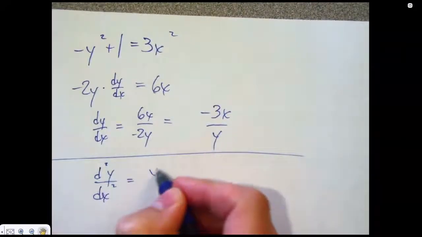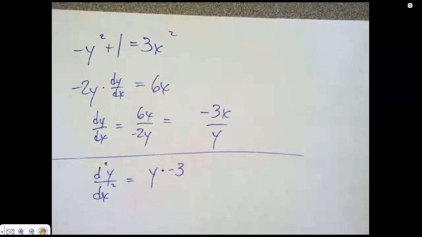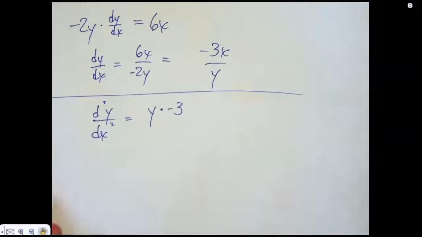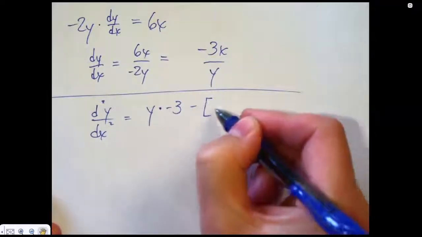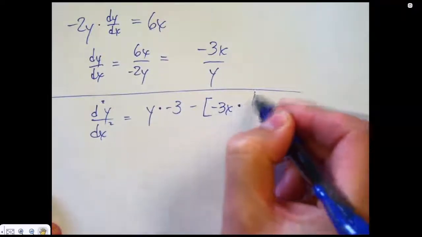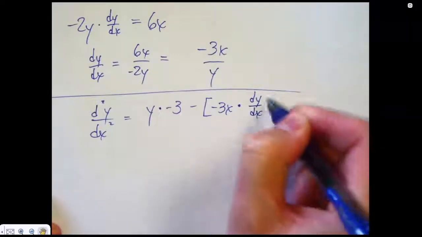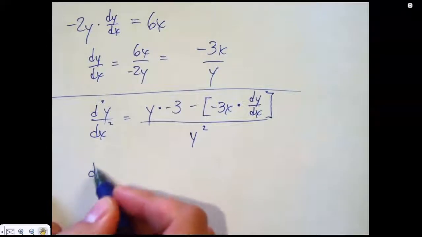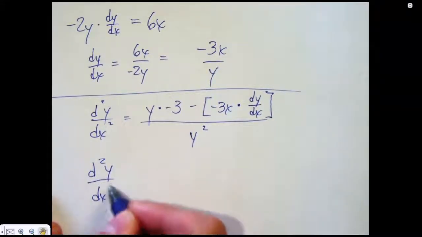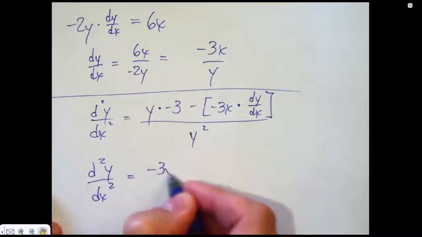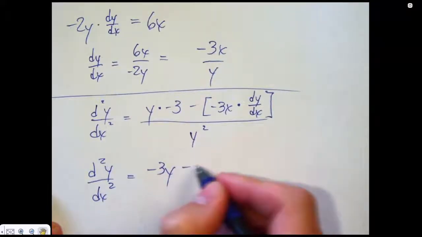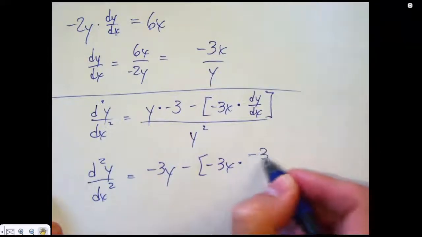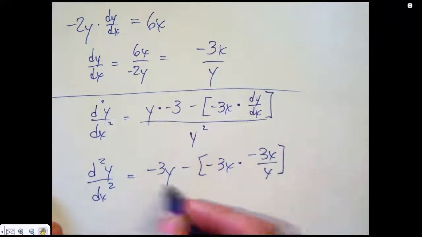So it's the bottom times the derivative of the top, so y times negative 3, minus the top times the derivative of the bottom, so times dy/dx, over the bottom squared. You can see a lot of similarities, right? So we get negative 3y minus negative 3x times dy/dx, which is negative 3x over y.